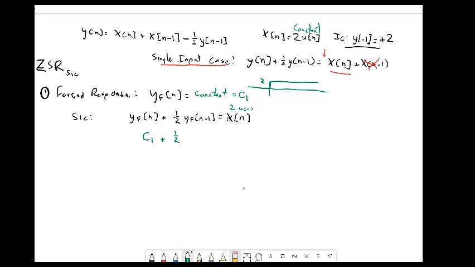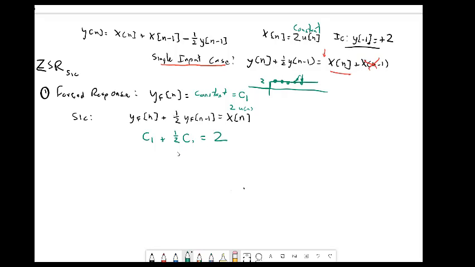And what is y forced of n minus 1? Well, again, if I'm downwind a little ways, if I'm at this sample and I look back one sample prior, I have the same value. And so y forced of n minus 1 for a constant input is the same constant. And we set that equal to the actual input signal, which has a constant value of 2.